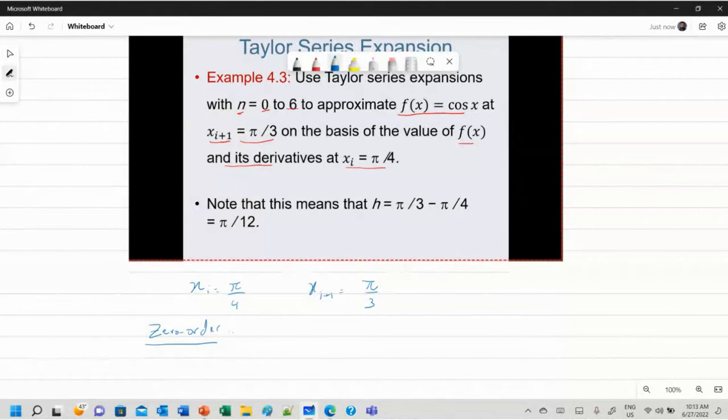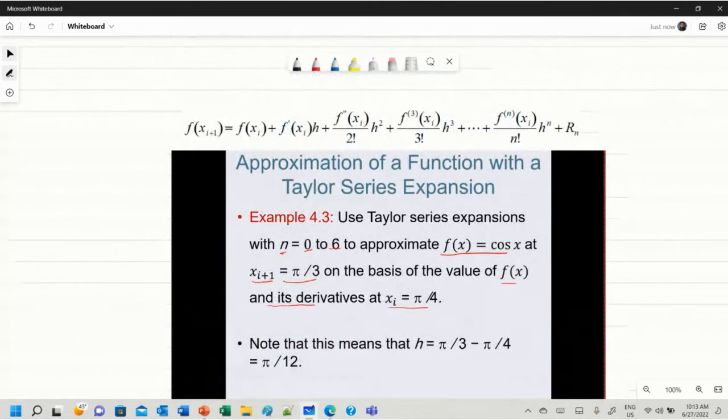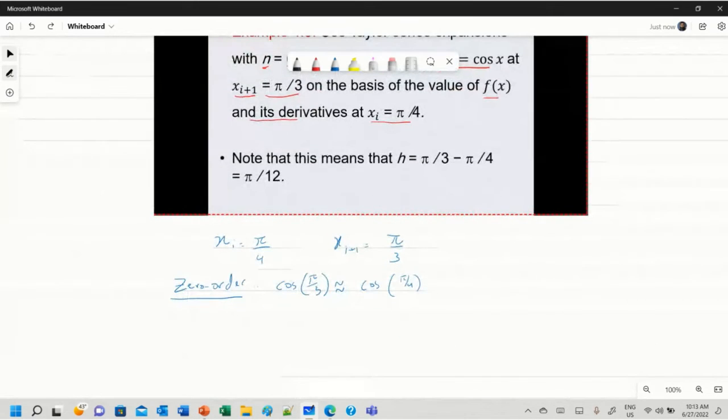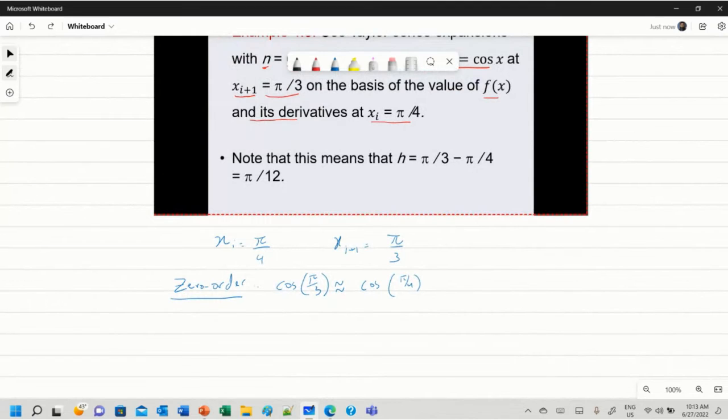So cosine pi by 3 is equal to cosine pi by 4. So that's what it says. If you take just the 0 term, that function at xi plus 1 is the same as the function at xi. So cosine pi by 3 is the same as cosine of pi by 4.